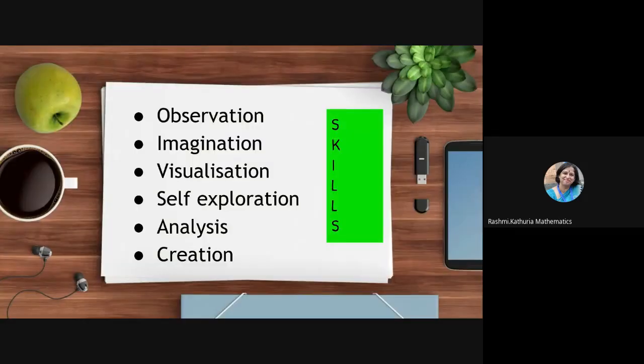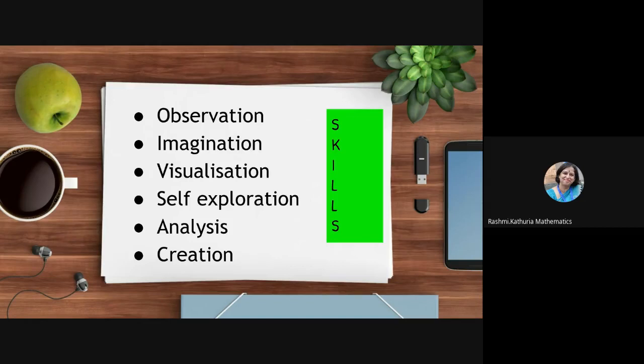Dear friends, in teaching learning of mathematics, observation plays a key role. When we observe something, it helps our mind to imagine and create a set of visualization, with the help of which we are able to do a self exploration and then analyze, evaluate, and finally create a new set of knowledge.